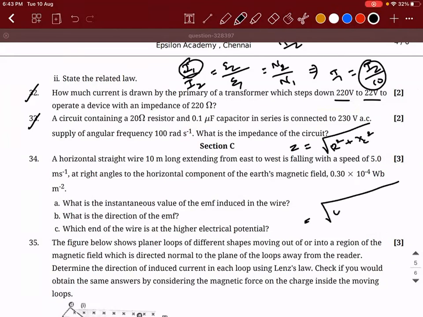So root of R square is 400 plus XC, which is omega C the whole square, since they have already given omega itself. Omega is 100. So 100 into C, which is 0.1 into 10 power minus 6, the whole square. Okay, solve this, you will get the answer. That's it, I'm done.